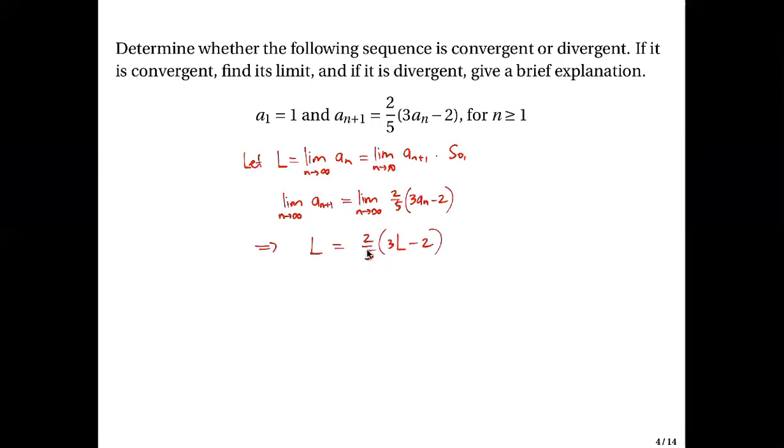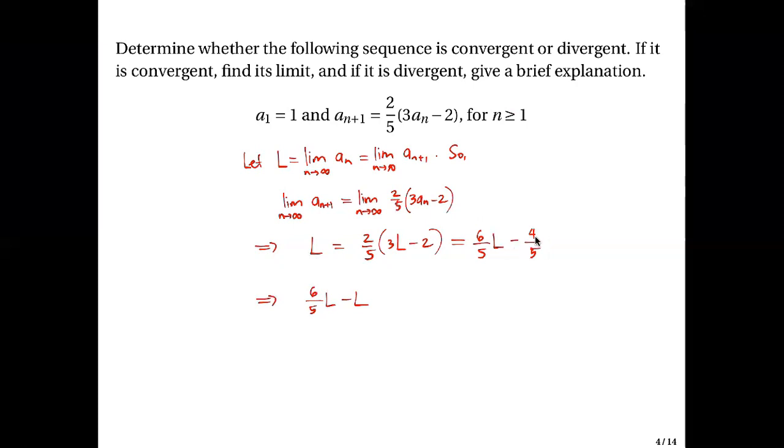And then you can just distribute this 2 over 5 over this sum or difference. We'll get 6 over 5 L minus 4 over 5. Okay? And then from here, all we need to do is to isolate L. We just solve for L and we'll have the limit. So in here, we will get 6 over 5 L minus L. So I'll bring this guy here to that side.